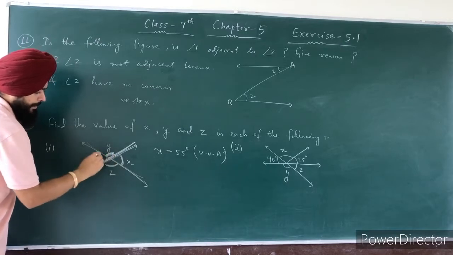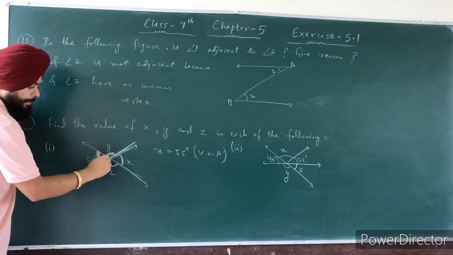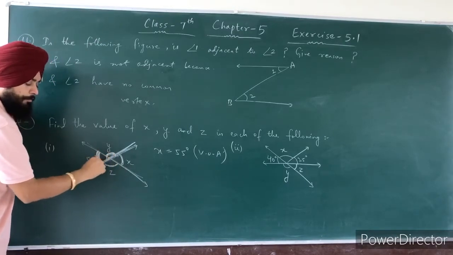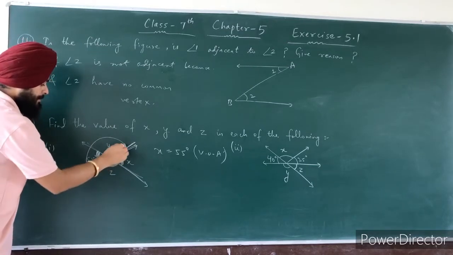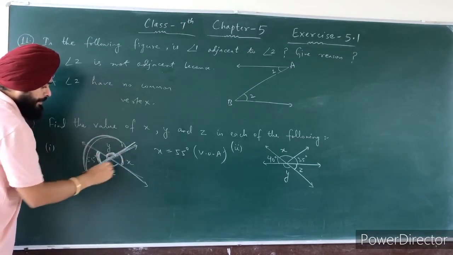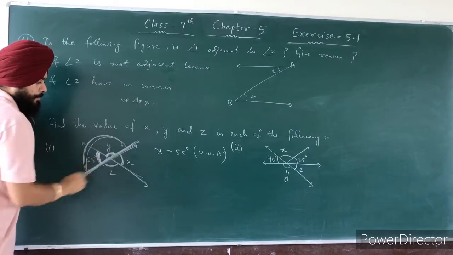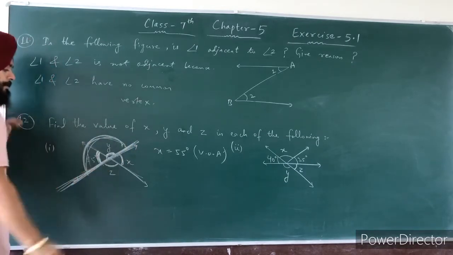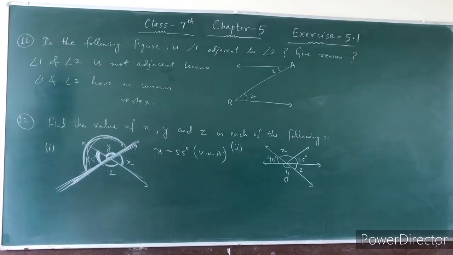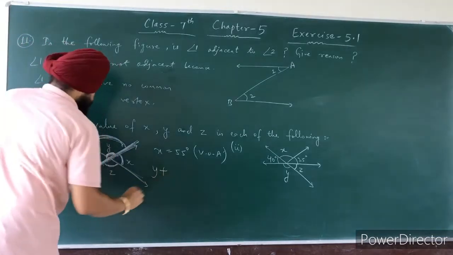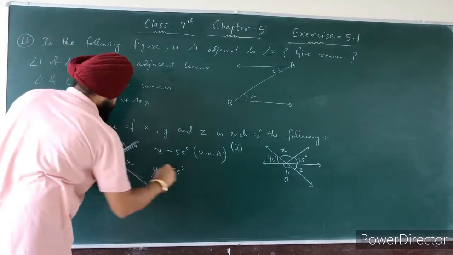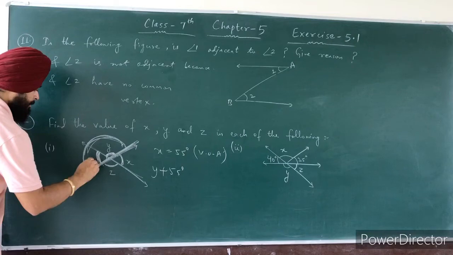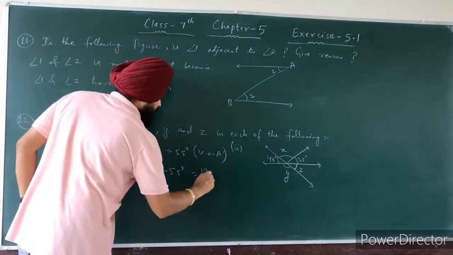angle y plus this angle 55 degree is equal to how much? 180 degree, because this is a linear pair. You can see here this is a straight line, and on a straight line the angle is always of measure 180 degree. That's why y plus 55 degree is equal to 180 degree.